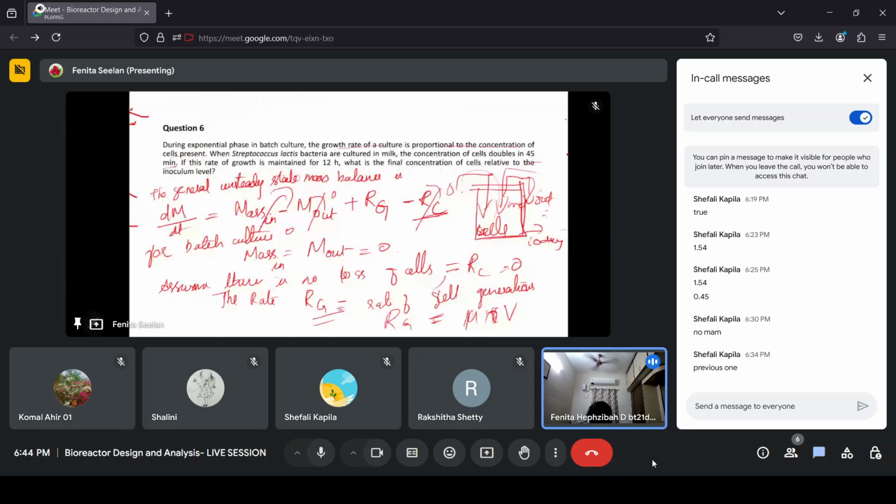The question was, if this rate of growth is maintained for another 12 hours, what is the final concentration of cells relative to the inoculum level? Means with respect to x naught, how much would be x if the cells are dividing at the same rate for 12 hours? Let's calculate that.